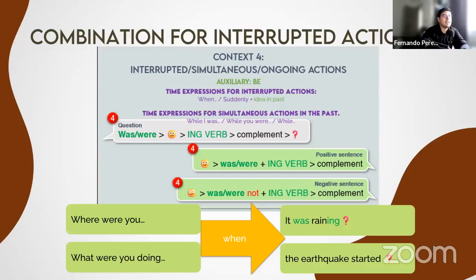And this is when you are telling a story. So telling a story in past usually uses this structure. I was going, or I was doing this specific action when, connector when, something else happened. So you need a time expression in past or a verb in past to give context to an action that was happening. I repeat.